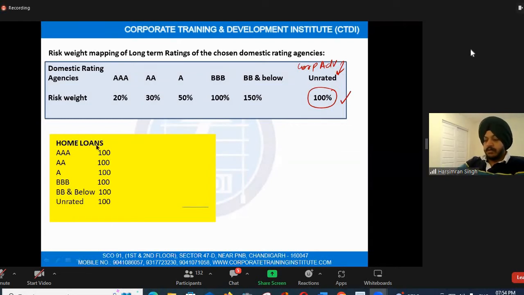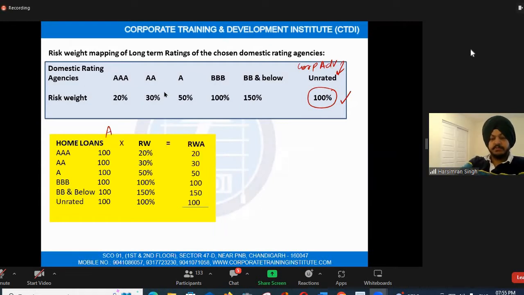Now, these are your asset values. We now multiply them with the risk weights. These are the risk weights from our mapping. When I multiply the assets with risk weights, this is the risk weighted asset. Total is 450.